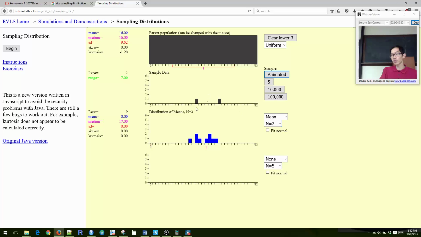Here I'm taking only 2 values at a time. So this is like rolling 2 32-sided dice. I'm rolling a die that goes from 0 to 32. They all have an equal chance of showing up, and I'm rolling 2 of them. What do you think this thing will look like?